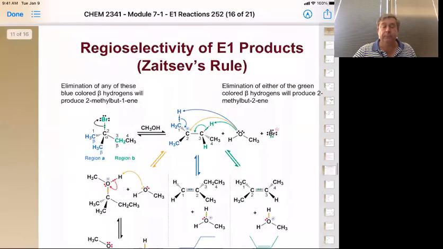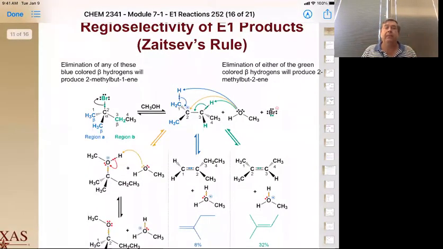Okay, so we said before that alkenes have stability based on the number of substituents, right? So if you have one substituent, that's not as stable as two substituents, and that's not as stable as three substituents or four substituents on our alkene, okay? So there's a rule we use to tell us how to get to that more substituted alkene.